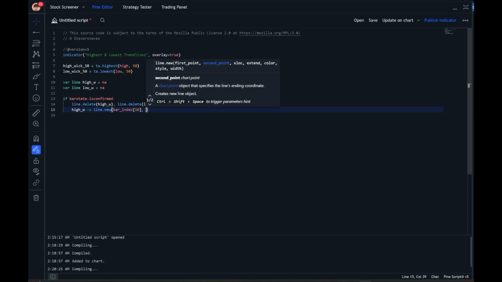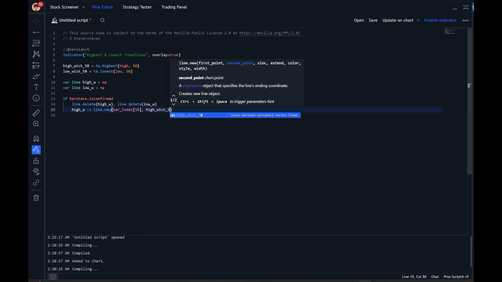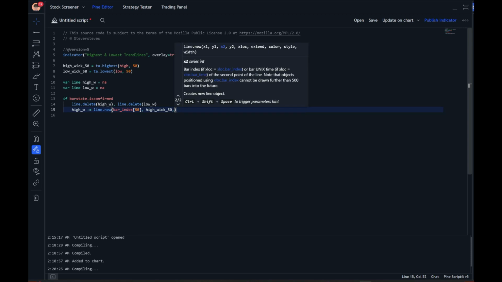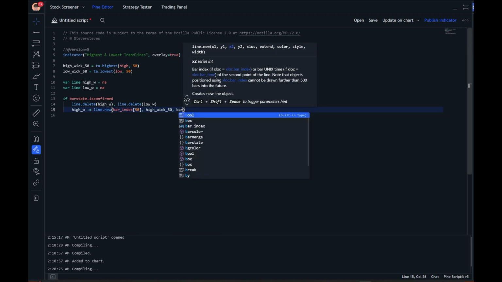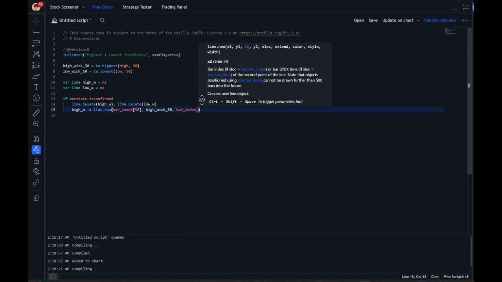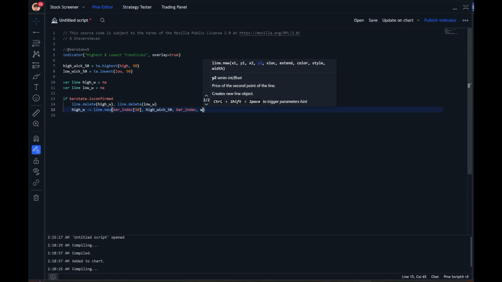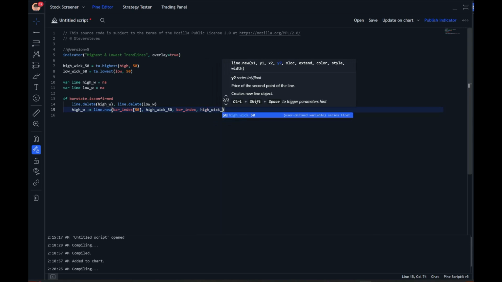We're going to comma. We're going to put in the value, which is going to be wick 50. So this is the value that we want to plot. Then we're going to end it at bar index, and we're going to end it at wick 50.